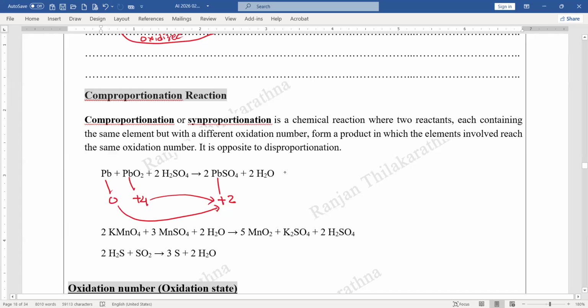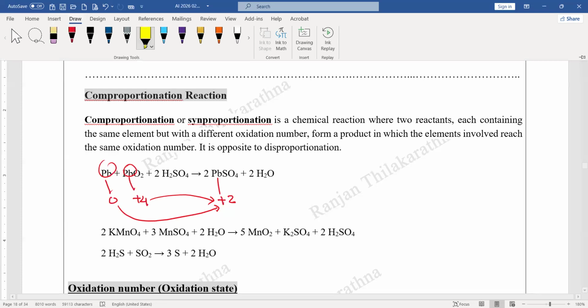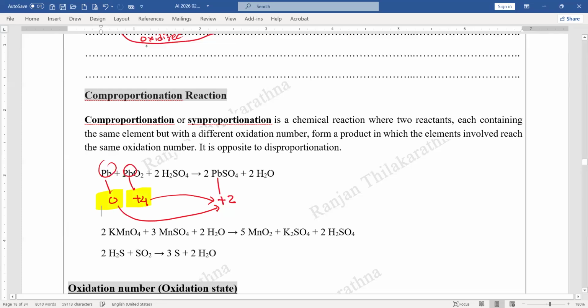After oxidizing and reducing, they have reached the same oxidation state. The same chemical element in two different oxidation states will reduce and oxidize to become the same oxidation state. So we call that the comproportionation reaction.